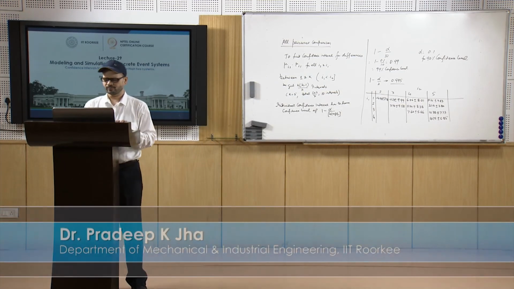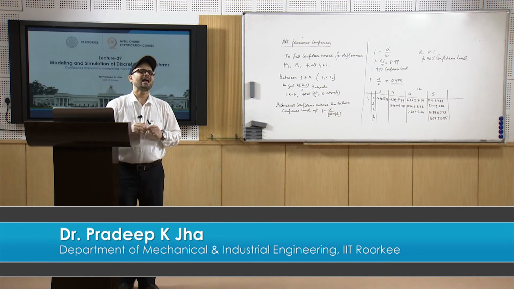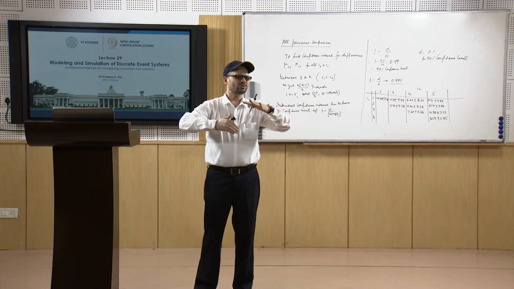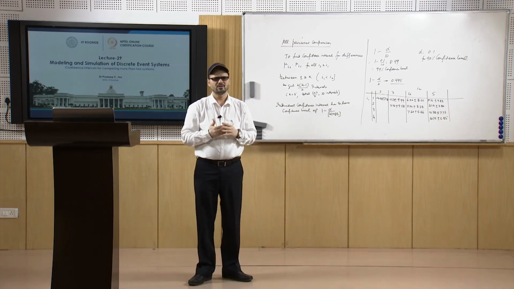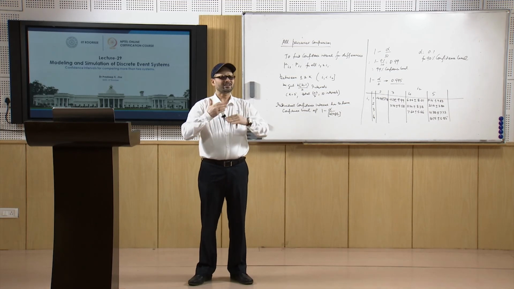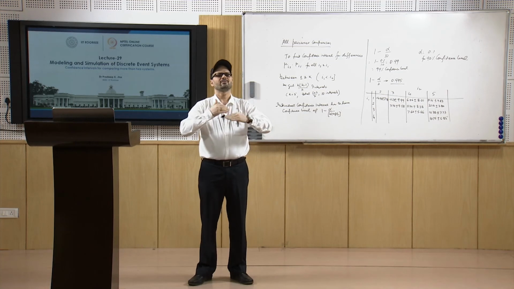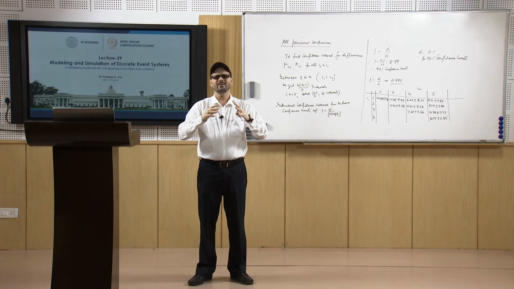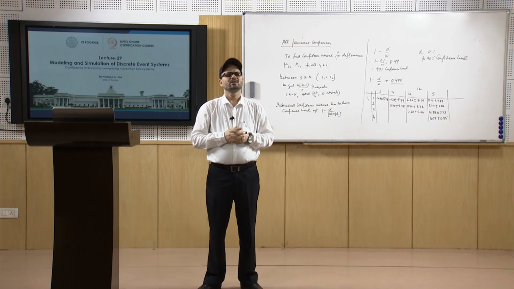Otherwise, if it does not contain 0, they appear to differ from the standard one. This is how you do all the pairwise comparisons. You can practice more questions on that and gain confidence in finding these confidence intervals. You can refer to the book of Law and Kelton for such analysis, as well as the book of Banks. Thank you very much.